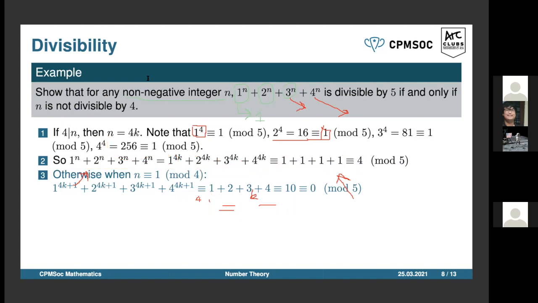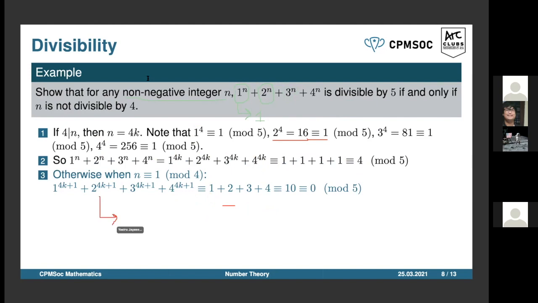Now the second case is when n is 1 more than a multiple of 4. Let's analyze this case. Let's take 2 to the 4k plus 1 as an example.